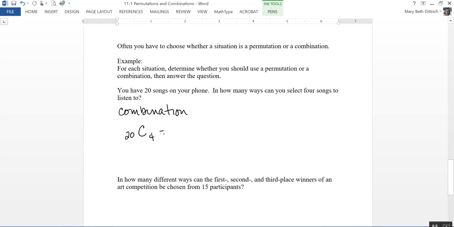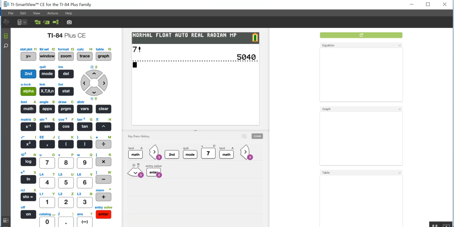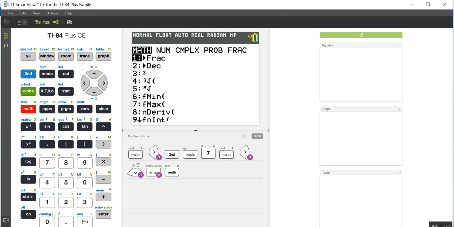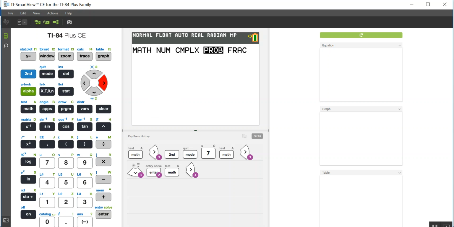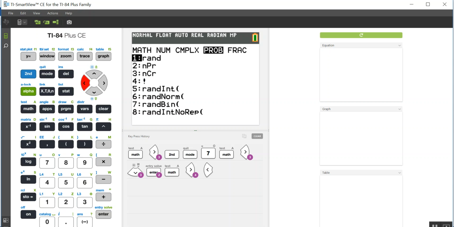Now, instead of writing all this out, as you probably know, you can do this on your calculator. So let's take a look at how to do this on the calculator. Again, I'm going to go to the Math menu, and go over to Probability. Okay, and here you'll see number 3 is nCr, so I'm going to go down to that one.